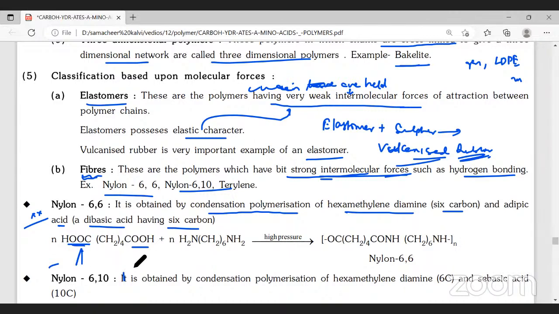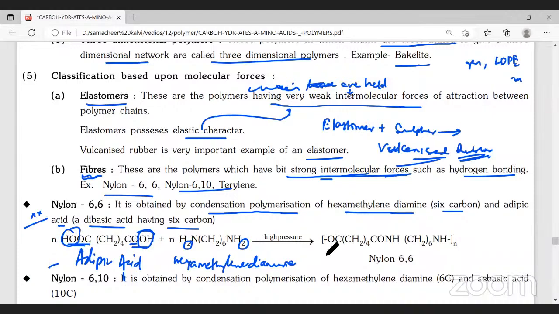This adipic acid, when heated with hexamethylene diamine, undergoes the condensation reaction I told you about: this hydrogen and this OH get eliminated, and the CO and NH get bonded.